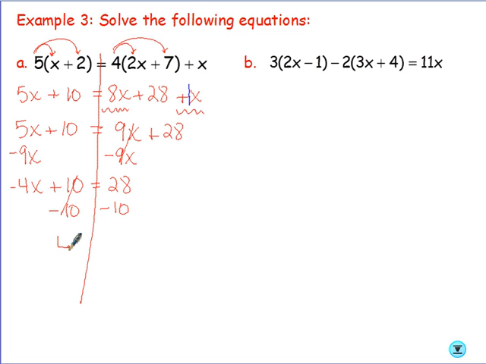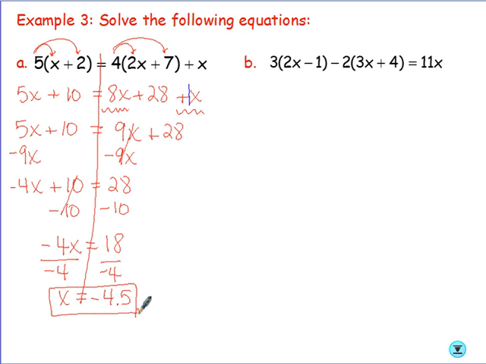I am left with negative 4x, don't lose that negative, equals 18. Divide both sides by negative 4, and I get x equals negative 4.5. Go ahead and pause the video at this point. Work all the way through problem B by yourself, and then we'll take a look at the results.